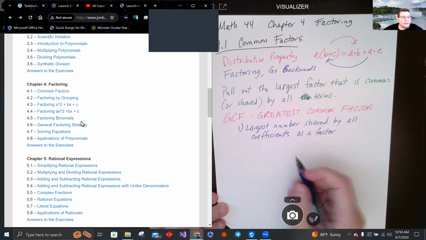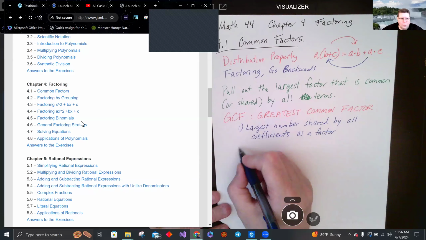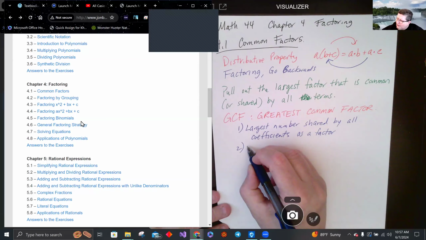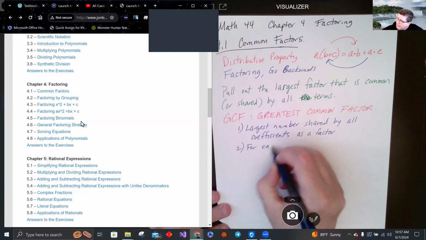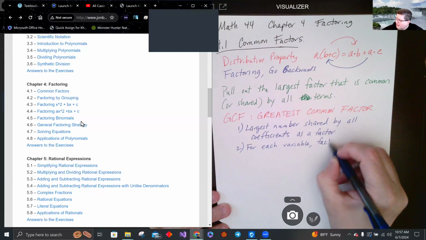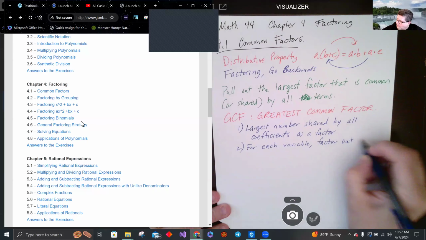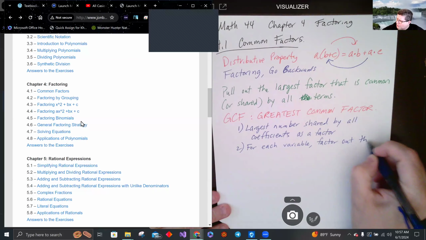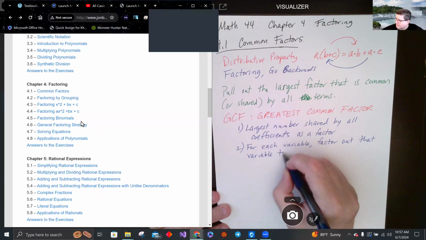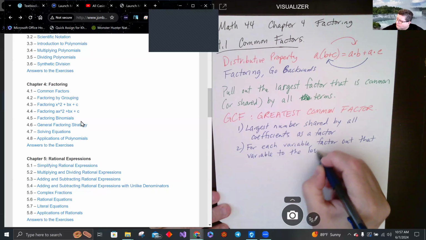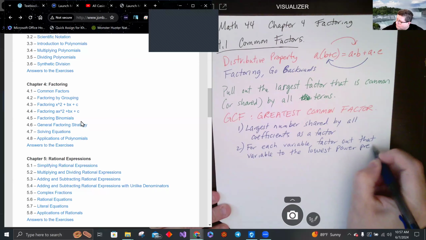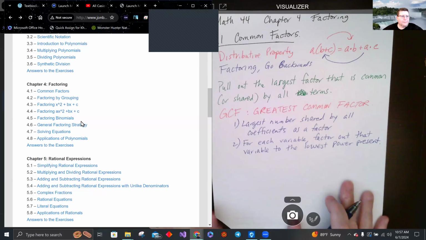That reads a little bit better. And then what we're going to do for the second part, for each variable, factor out that variable to the lowest power present. Okay.